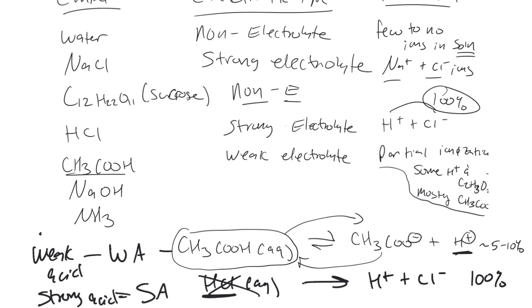I'm going to clean off the electrode. So this is sodium hydroxide. That's a strong electrolyte. And then one other molecule to look at is ammonia. Now, ammonia is what we're going to see, it's also a base, and it just barely lights that light bulb up. So this is a weak base.